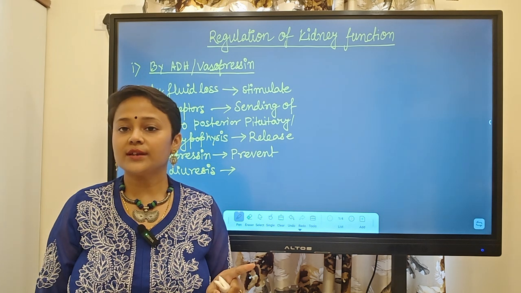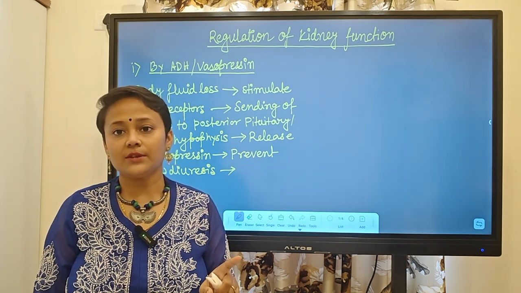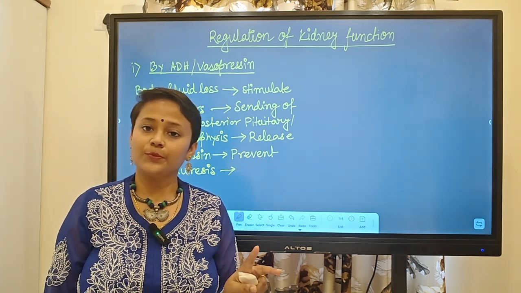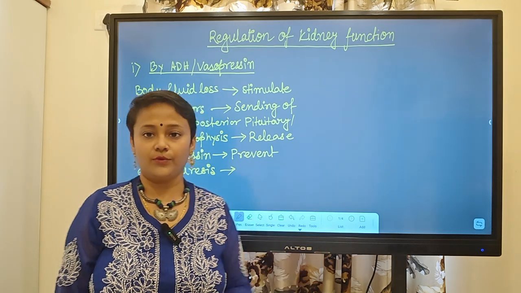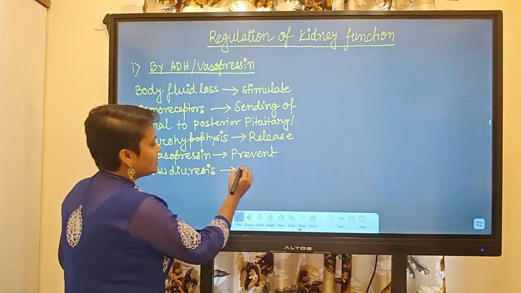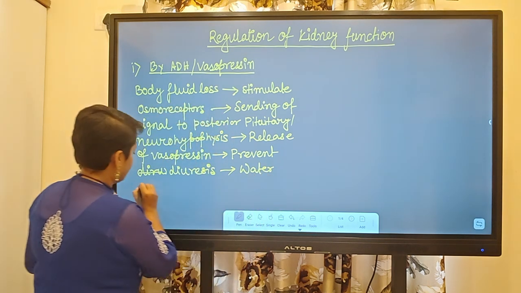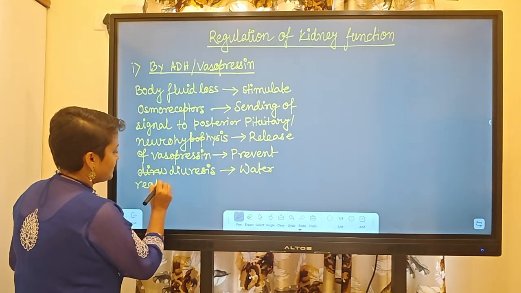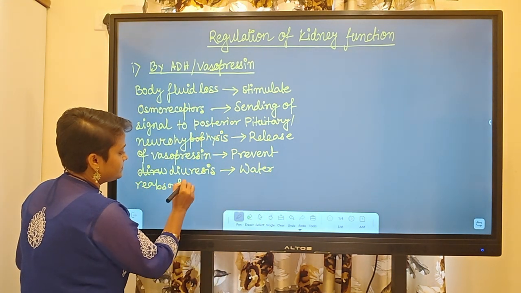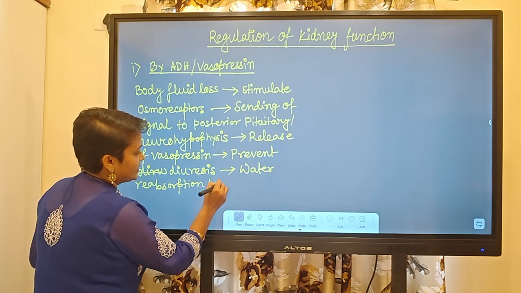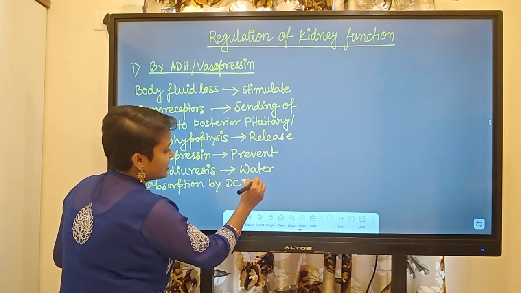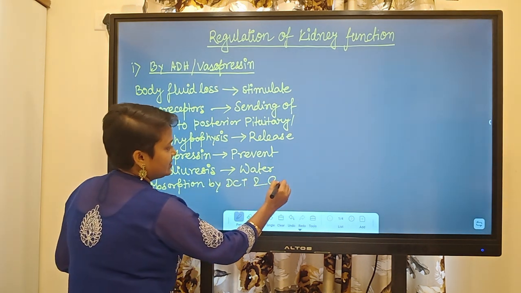If the secretion is inhibited, there will be no absorption of water and there will be diuresis. So here, water reabsorption by DCT and collecting duct.